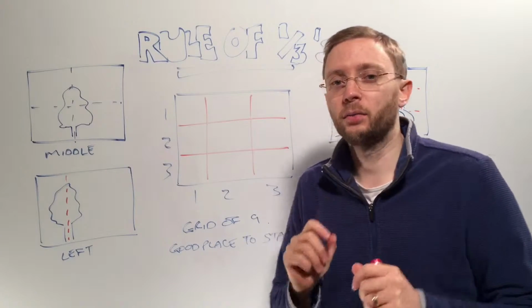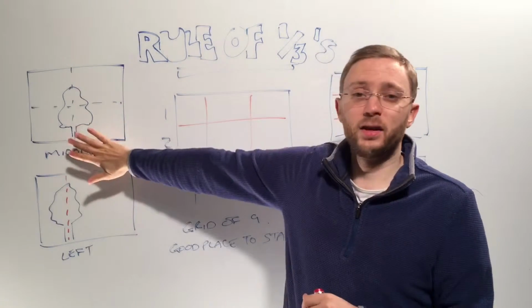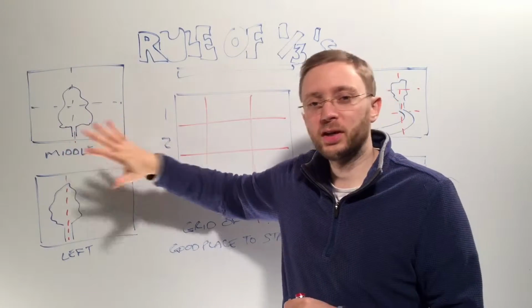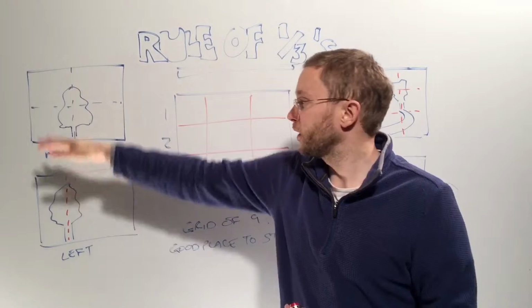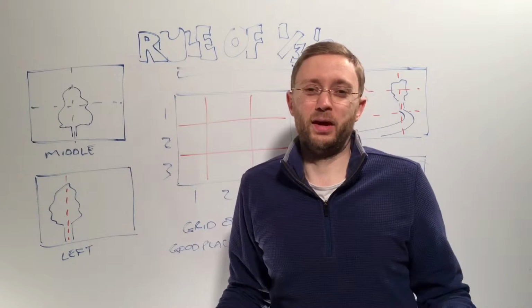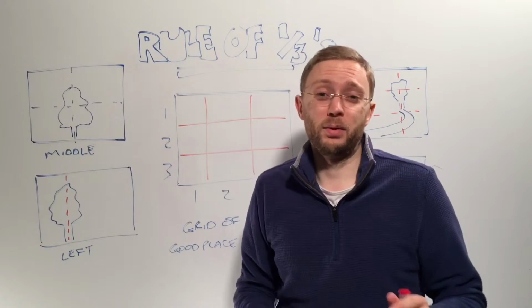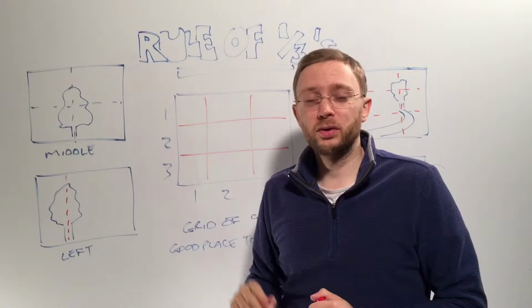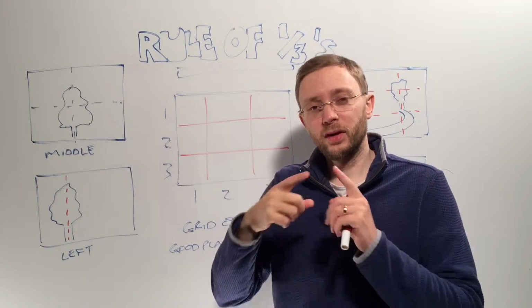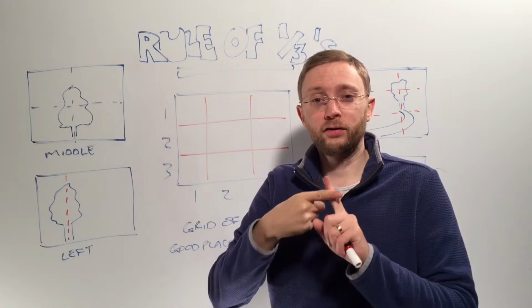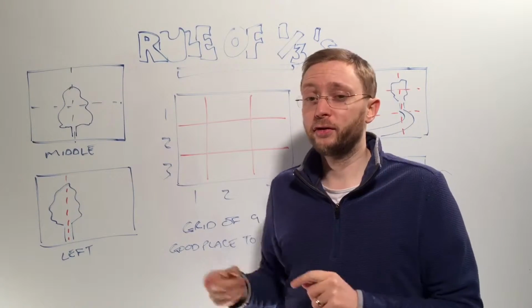So let's have a look how it works. First of all, standard image. You're going to plonk your object right in the middle of it. Here's a tree, it's dead center, along the center lines. It's okay, but to be honest, it's a little bit boring, right? What you can do with the rule of thirds is instead you look to align that tree with where the areas of those lines cross or where those thirds happen.